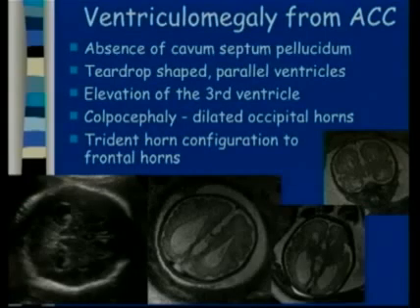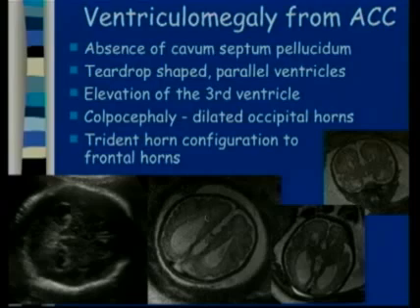Now, the other fetus wasn't so simple. It had dilated ventricles, but they were teardrop. On this MRI, you can see it a little bit better, but it was on the ultrasound image: the teardrop parallel shape of the ventricles with elevation of the third ventricle in between.